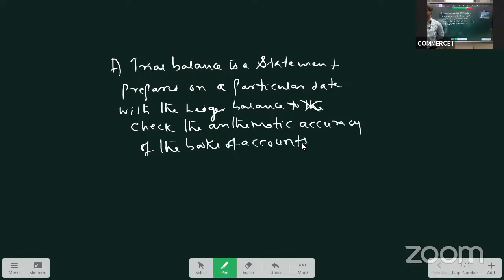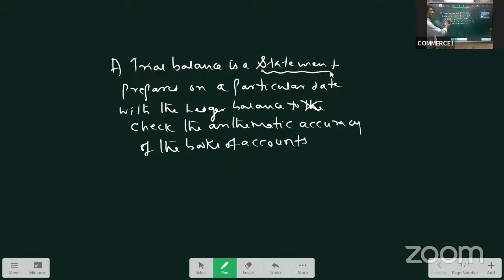So trial balance is not any account, it is a statement. Trial balance is a statement prepared on a particular date with the ledger balances to check the arithmetical accuracy of books of account. So the arithmetical accuracy of the ledger balances of all the ledger accounts.